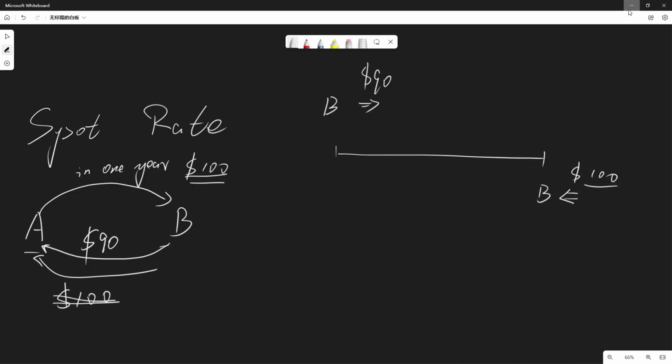And let's change that, because this goes in both ways. So let's look at A. From A's perspective, A is issuing a bond because A wants to borrow money from B. A is issuing a bond that has a face value of $100, and remember that is the face value.